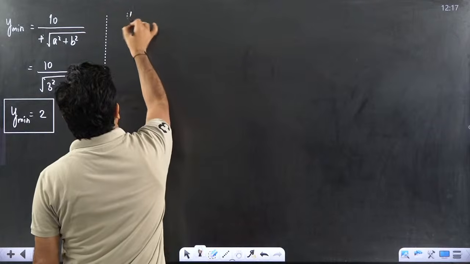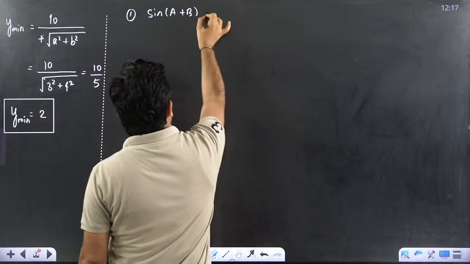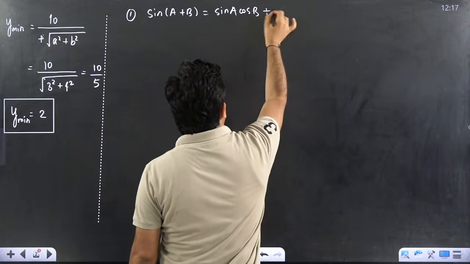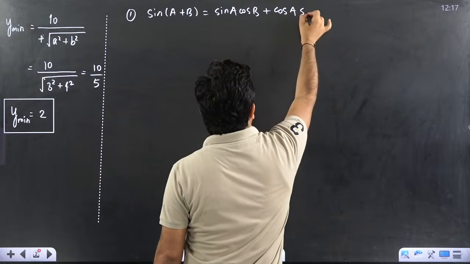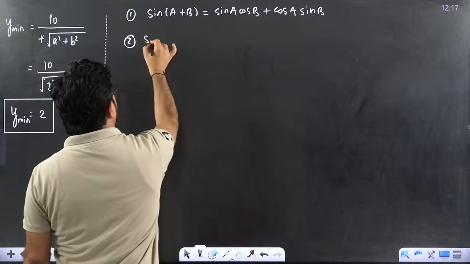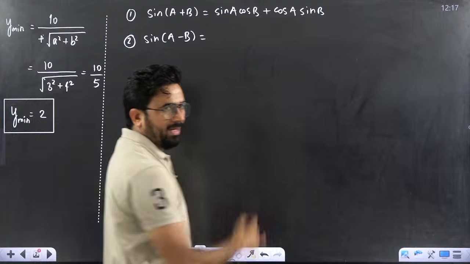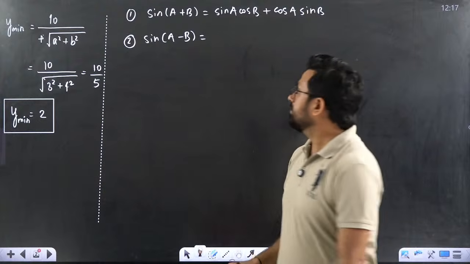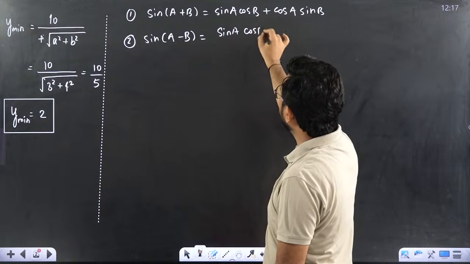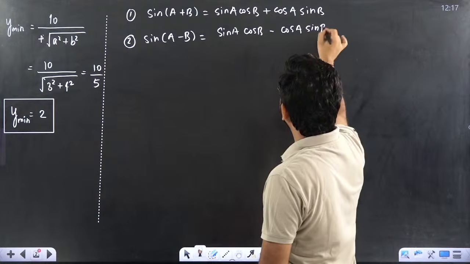First, sine of A plus B: sine A cos B plus cos A sin B. Second formula, sine of A minus B: sine A cos B minus cos A sin B.